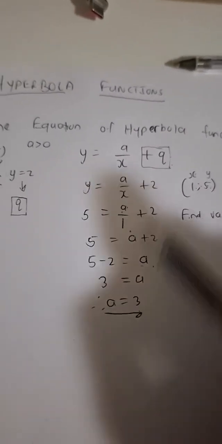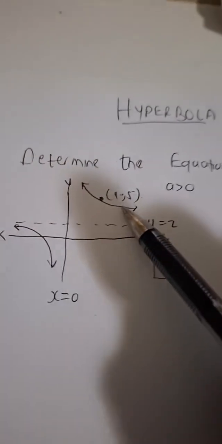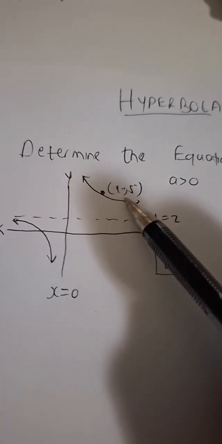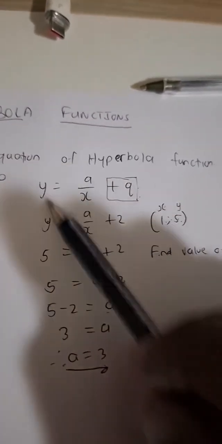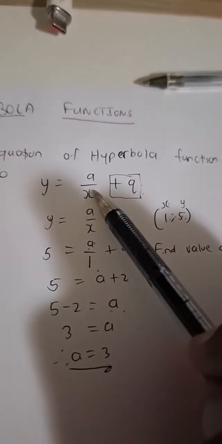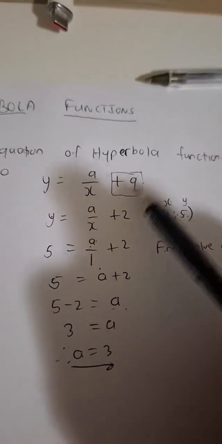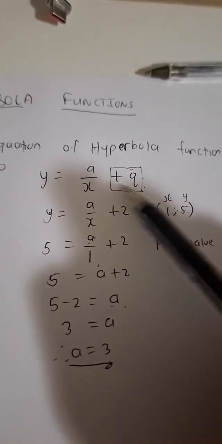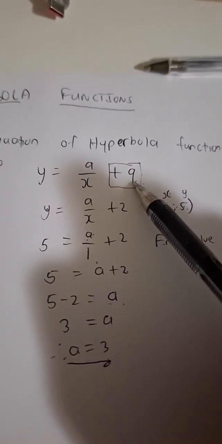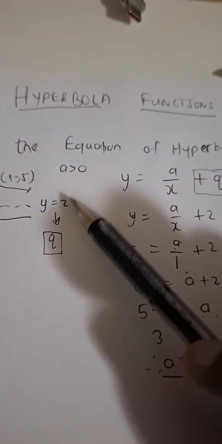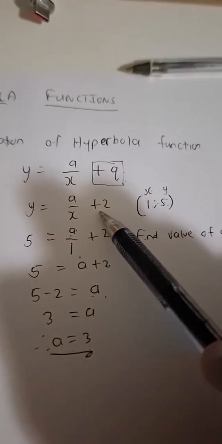So what's very important here is to make sure that, one, if the horizontal asymptote is given, in my form of the hyperbola function, which is a over x plus 2, I substitute in the place of 2 my horizontal asymptote value, my q value, which is 2. There it is.